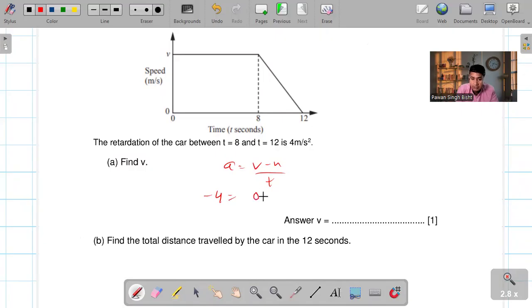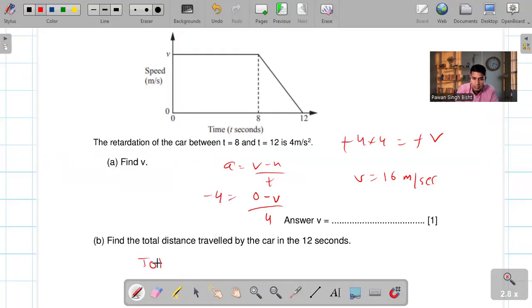Final velocity is 0, initial velocity is v, and time is 12 minus 8, which is 4. Cross multiply: -4 times 4 equals -v. Negatives cancel, v is 16 meter per second. So always remember, whenever a retardation is there, they will not give the minus in the question; you have to put it on your own.